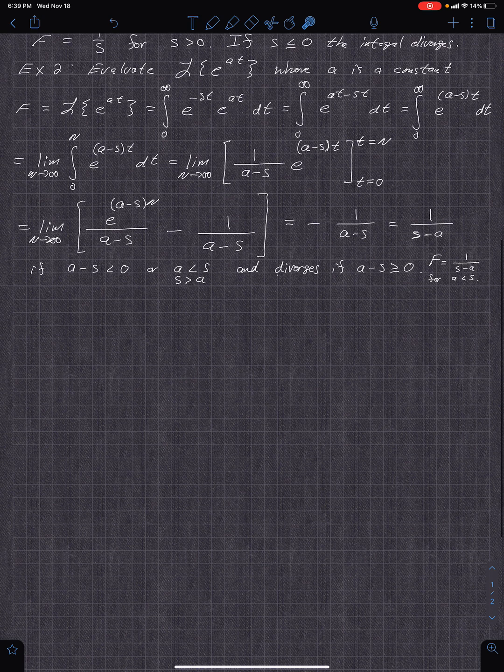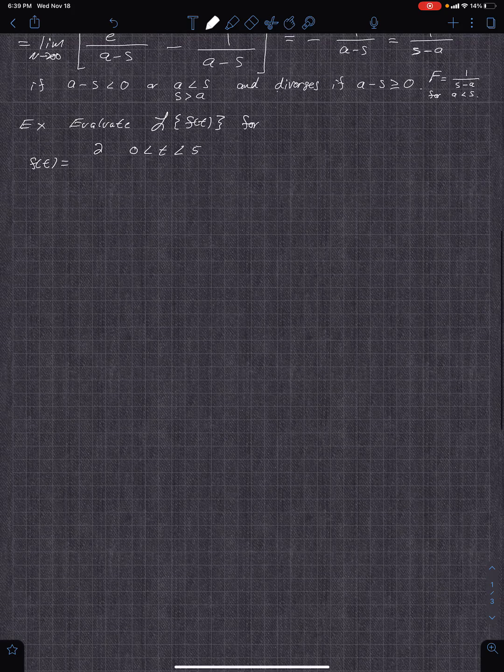All right, let's look at another example. This one is evaluate the Laplace transform of f of t, for f of t equal to 2 for t between 0 and 5, 0 for t between 5 and 10, and e to the 4t for t greater than 10.